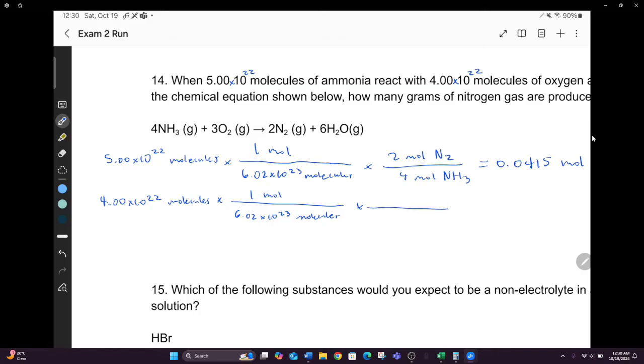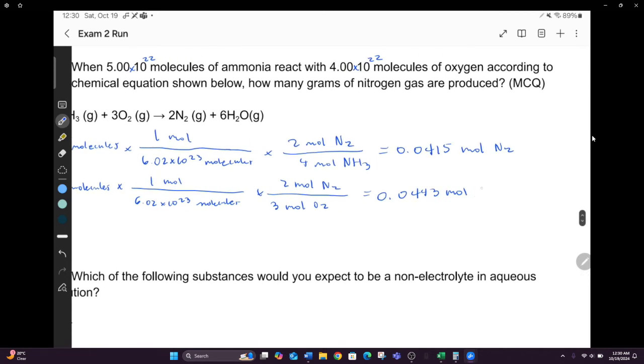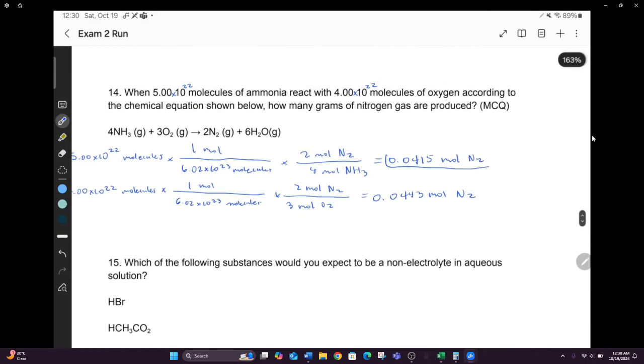We get 3 moles of O2, 2 moles of N2. We run that math, we should get 0.0443 moles of N2. So obviously this is going to be our limiting because we have less of it.